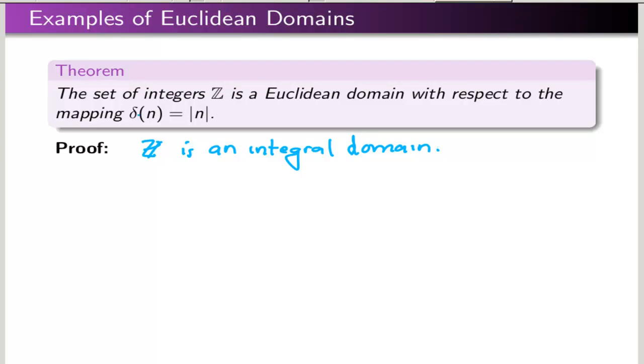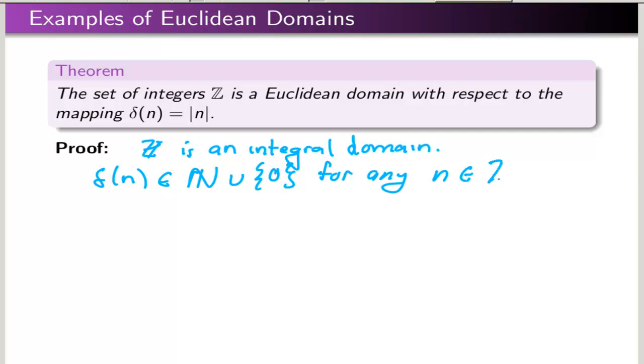Second thing we need is that delta is a mapping into the non-negative integers, and that's certainly true. This is greater than or equal to 0. Well, I should be more precise there. This is an element of the natural numbers together with 0, for any integer n. And now the key properties, 1 and 2.